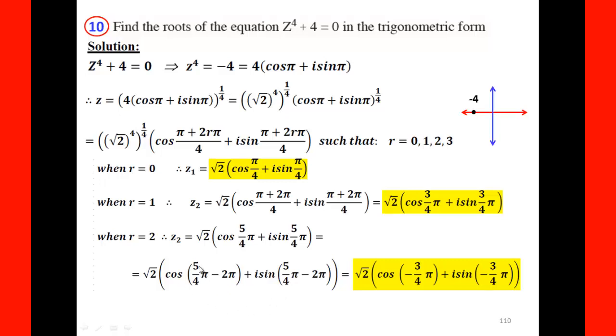So 5 over 4 pi minus 2 pi equals negative 3 over 4 pi, and this is the principal amplitude. It's included between negative pi and pi. So this root equals root 2 cosine negative 3 over 4 pi plus I sine negative 3 over 4 pi, and we'll take it as one of the four roots.